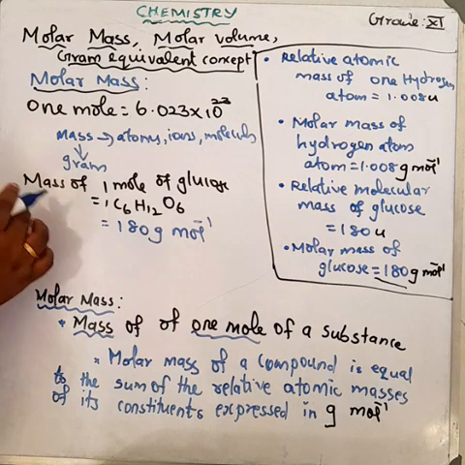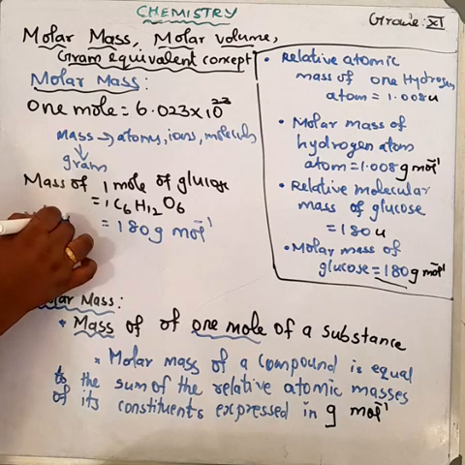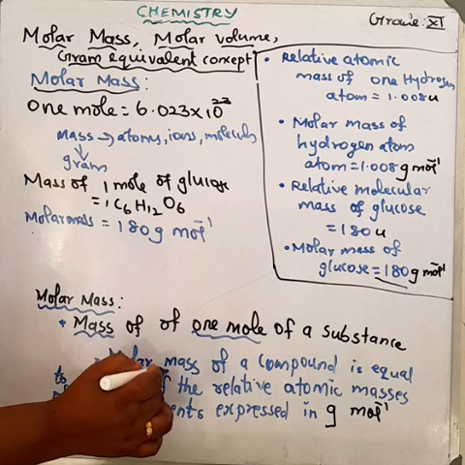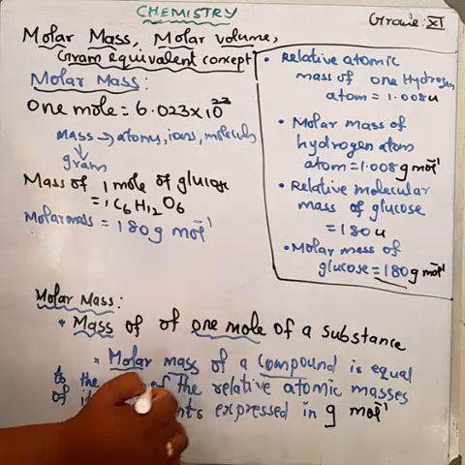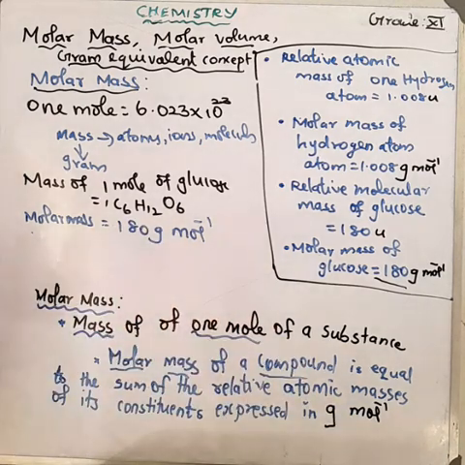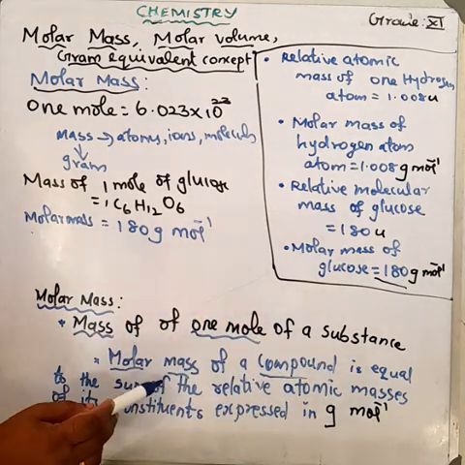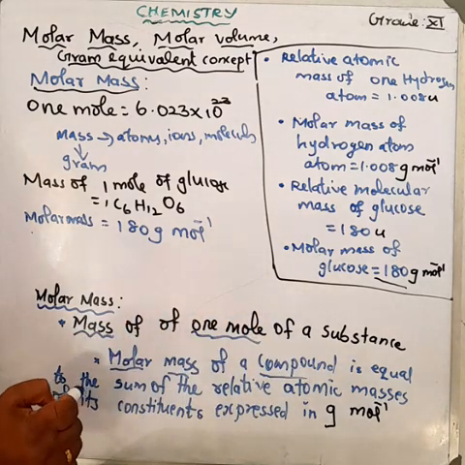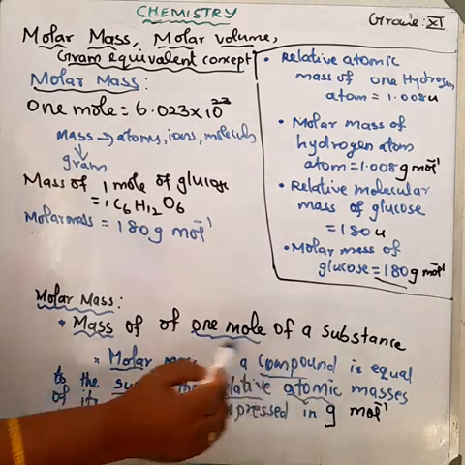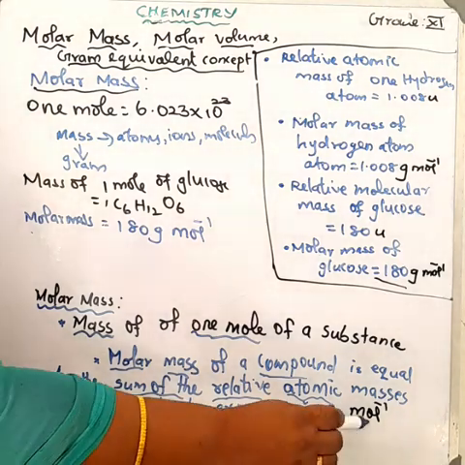The molar mass of a compound is equal to the sum of the relative atomic masses of each constituent expressed in gram per mole.